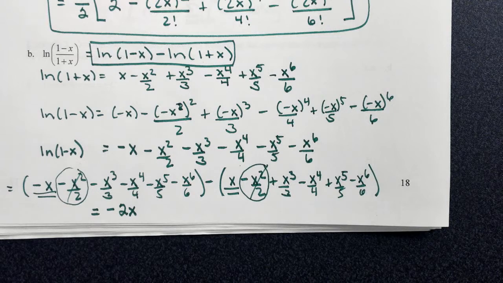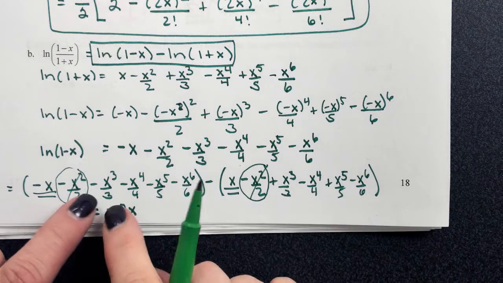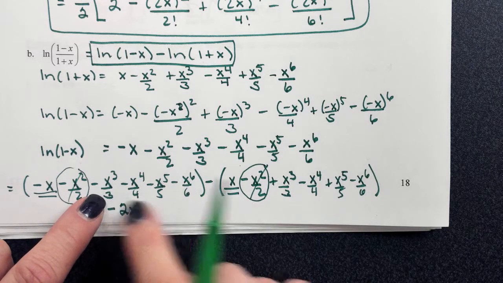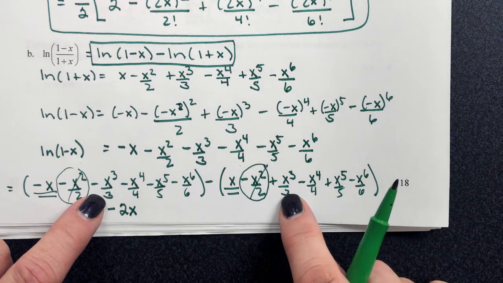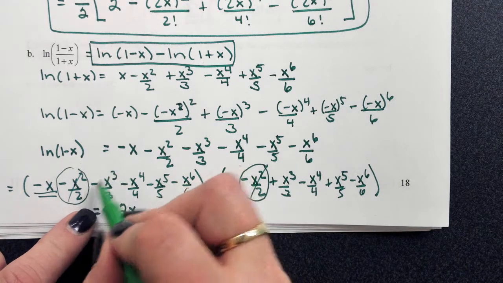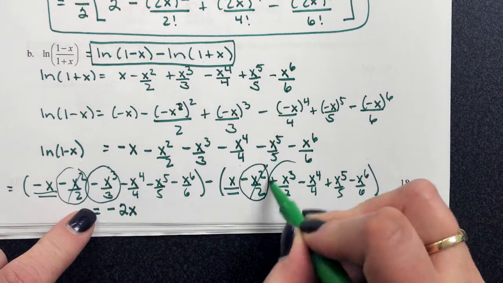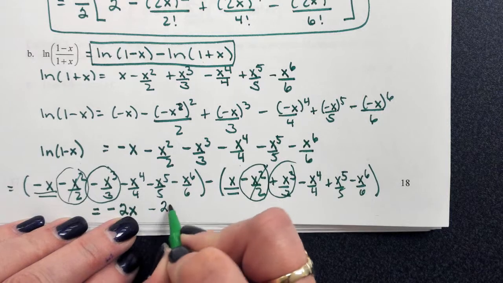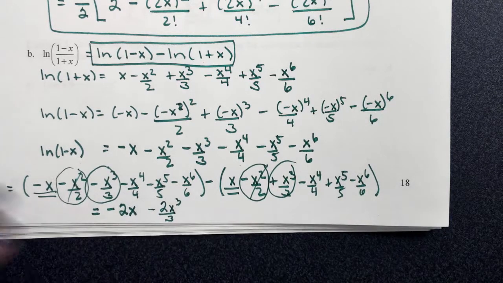That's why I said it's a good idea in the beginning, when you're having to manipulate these with operations, to tack on an extra term or two so you don't have to go back to the original Maclaurin series and figure out more terms. So next I have a negative x to the third over 3 minus an x to the third over 3. I can combine them, and that's going to give me a minus 2x to the third over 3.